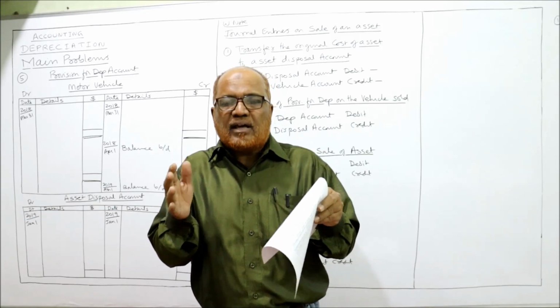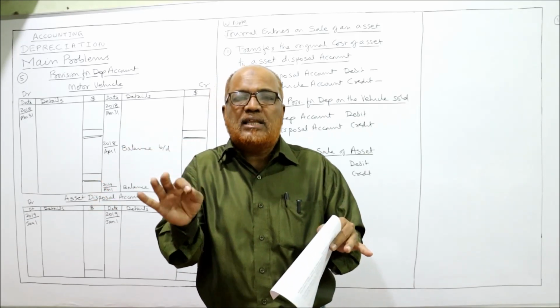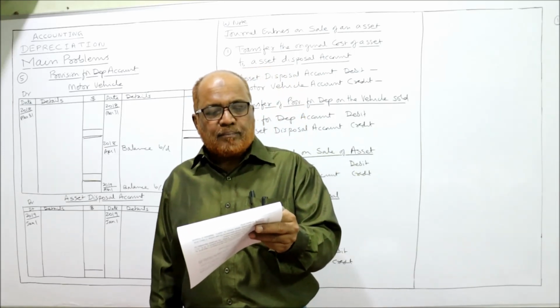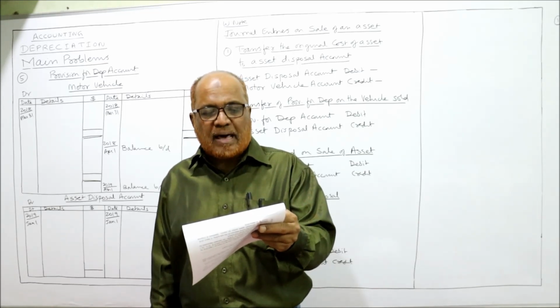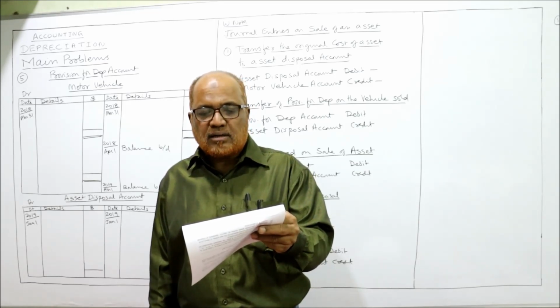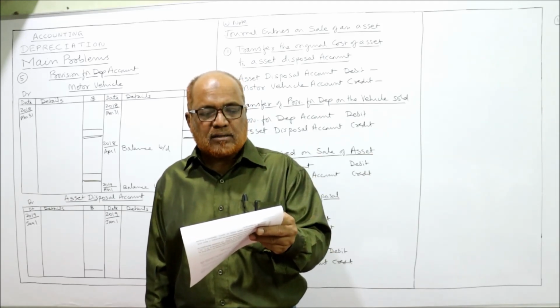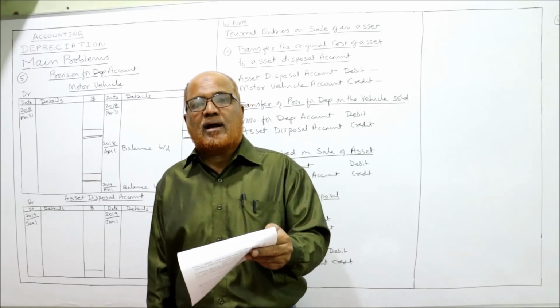And if a vehicle is sold during the year, no depreciation will be provided in the year of sale. That's what is given. Now, prepare the provision for depreciation account and motor vehicle account for the year ended, balance the accounts on that date and bring down the balance on 1st April 2019, and prepare the asset disposal account.